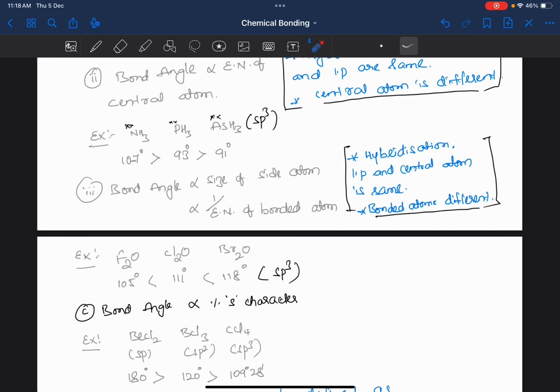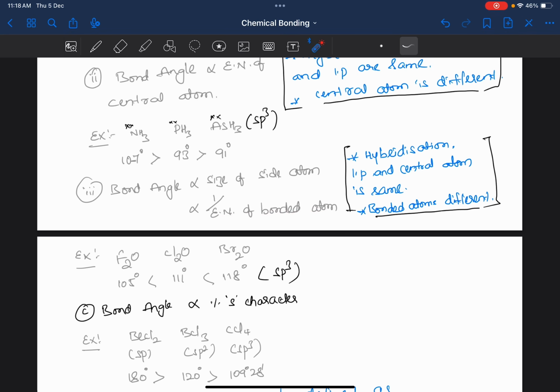Generally from fluorine to bromine, atomic size increases. In this way, the bond angle also increases. See that: here 105 degrees, here 111 degrees, and here 180 degrees. And one more point is that it is inversely related to the electronegativity of sidewise atoms.